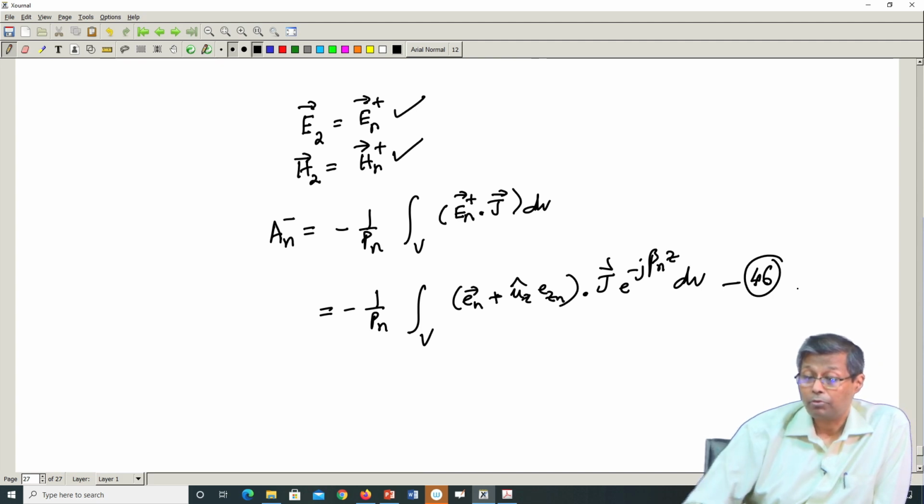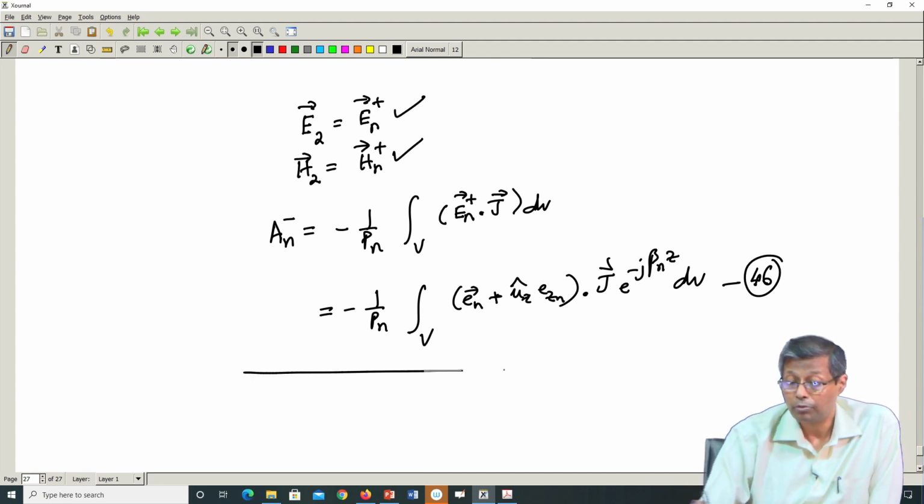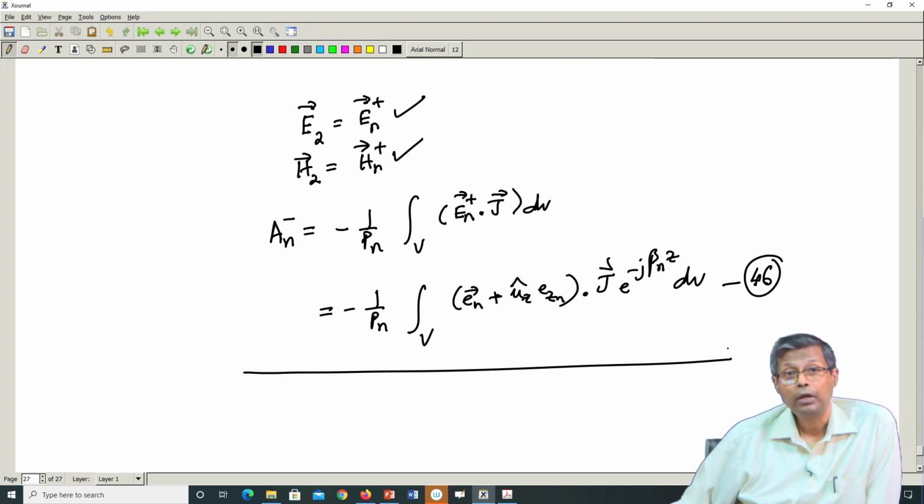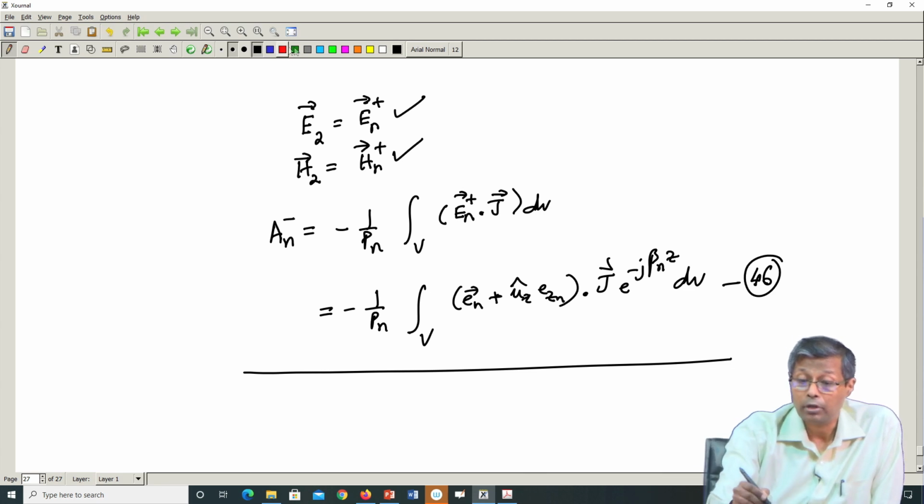Let us call this equation 46. So, this is the amplitude of the nth reverse going wave radiated by the electric current source J.